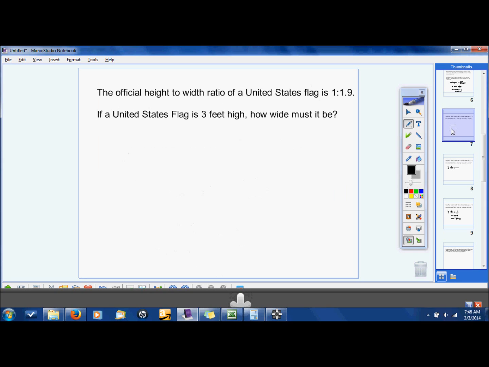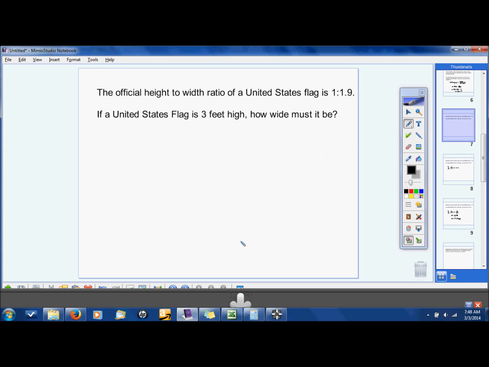Okay. Another thing that you may or may not realize is that there are standards to various different things that you encounter. One of them is the standard ratio for the width to height of a U.S. flag. Okay, that standard ratio is 1 to 1.9. So every time you have a flag that is 1 foot tall, it's 1.9 feet wide.